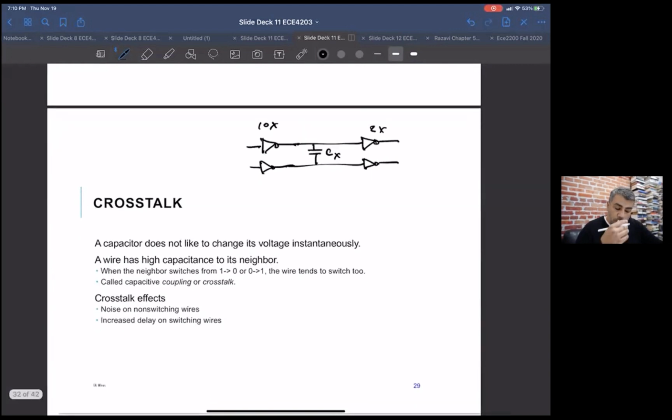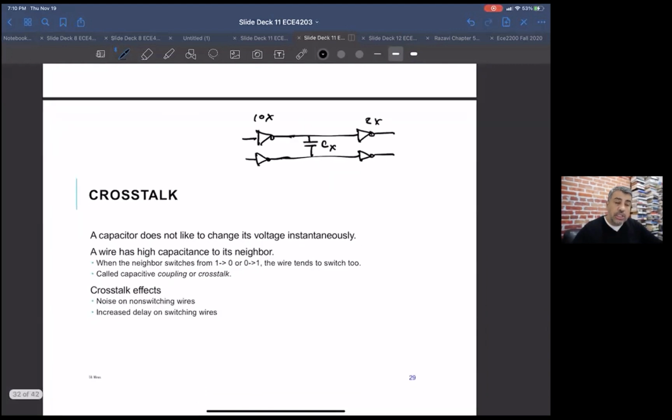So what you would get is potentially crosstalk. So let's say this guy was trying to drive this guy high, and this guy wasn't doing anything. Depending on this capacitance, this top guy could affect this bottom guy.